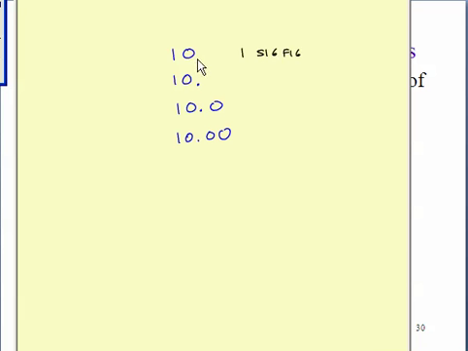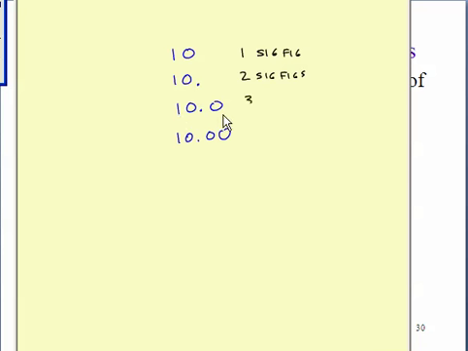This has no decimal point, so this trailing zero does not count. This value, this 10, however, has two sig figs. The only difference is the presence of this decimal point, and that's extremely important in chemistry when you're dealing with trailing zeros. It doesn't matter in math or your calculator, but it matters here.